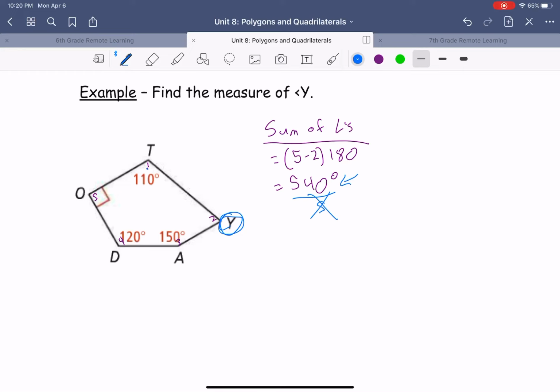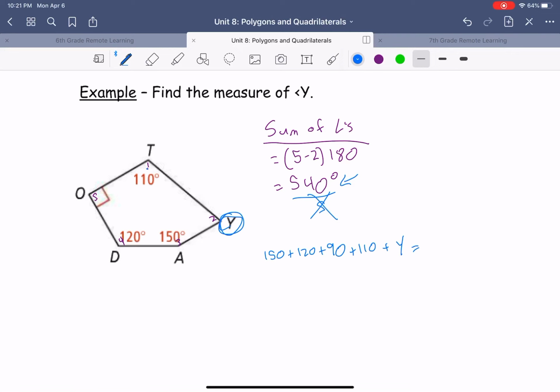So we're going to have, let's see, if we start with A, we'll have 150 plus 120 plus O is a right angle, so I know that's 90, plus 110 plus whatever y is. That's our variable.